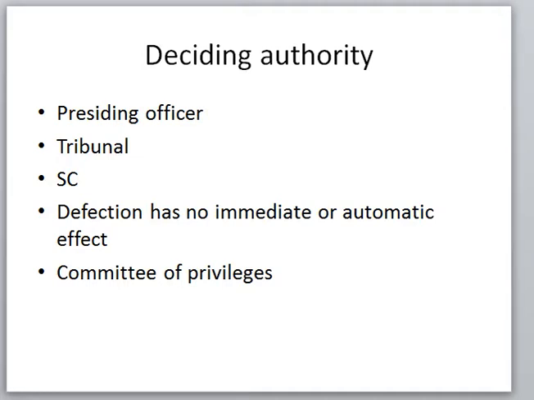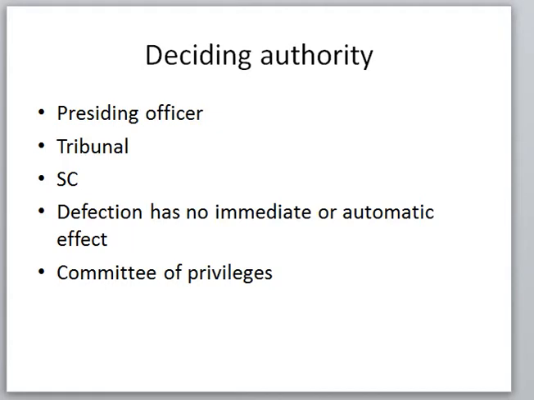The member will put his thoughts in front of the house, and then only they will decide whether to disqualify that person or not. So this process is not immediate or automatic. They have to follow some protocols, they have to interrogate the matter, and then they will decide.